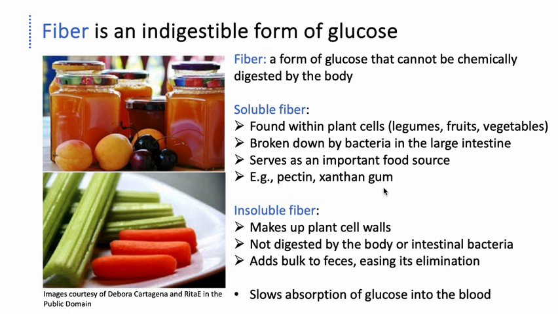The idea with the fiber, though, is that it's passing through our gut largely unmodified, so it's not being digested, therefore it's not being absorbed. It can add bulk to our feces, so it can aid in the elimination of waste material in our digestive system.